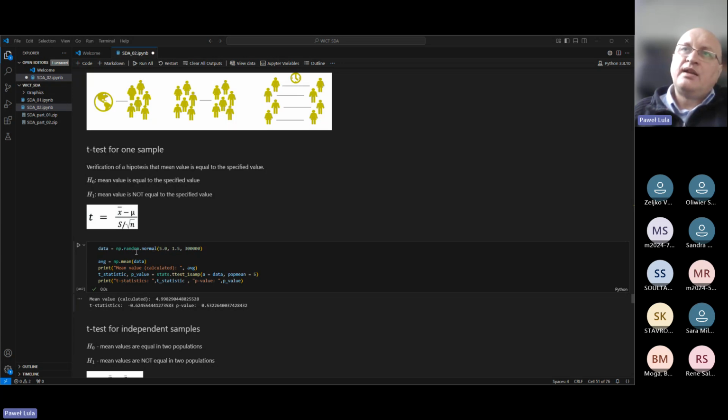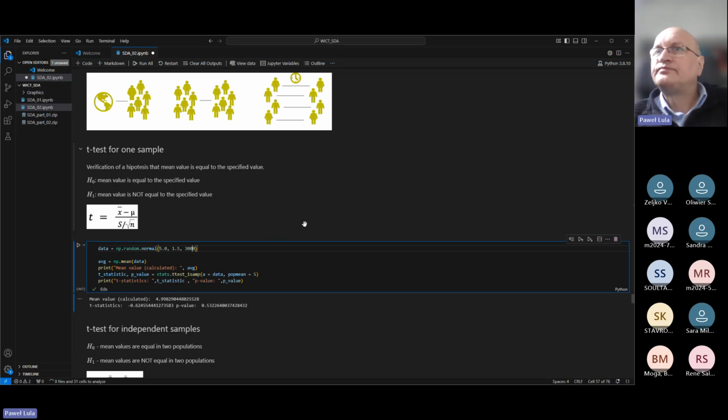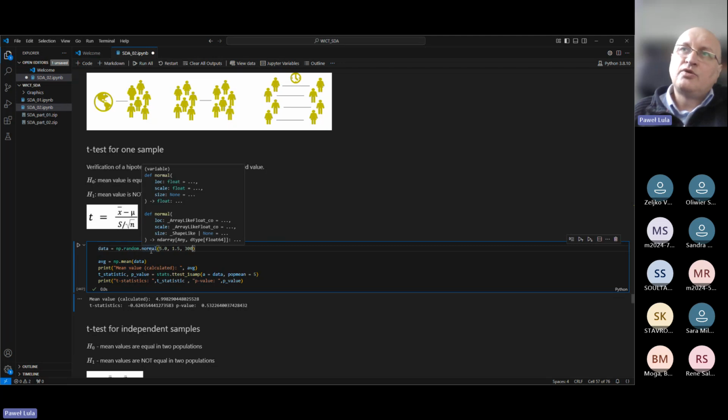It is a series of, for example, 300 values we have taken from a normal distribution, with mean parameter 5 and standard deviation 1.5. These values here were generated. Here I calculated the mean value.